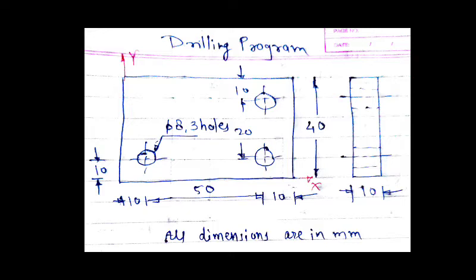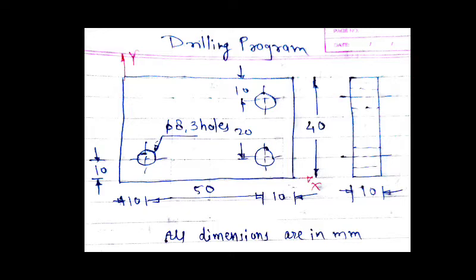So the modification of the program is very easy. That's why we keep the sequence 5, 10, 15, 20, or 10, 20, 30 in such a way. So if any modification is required, we can insert the new block in between them. So the modification of the program is very easy.